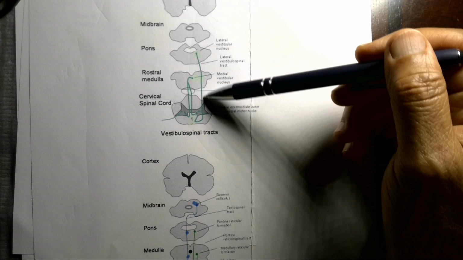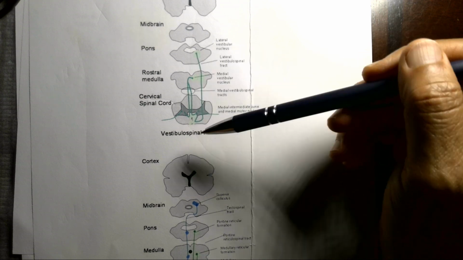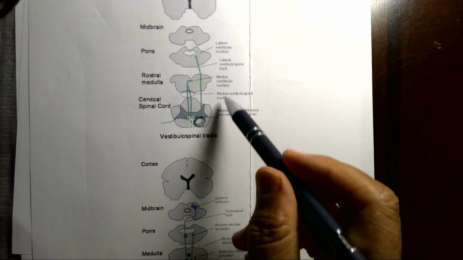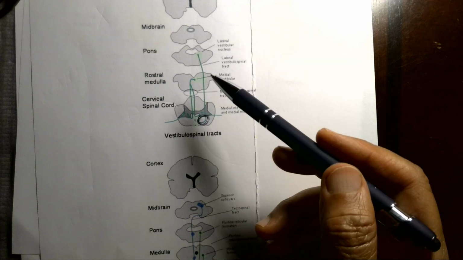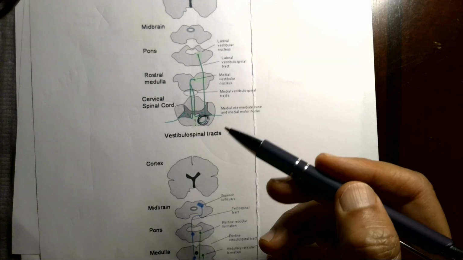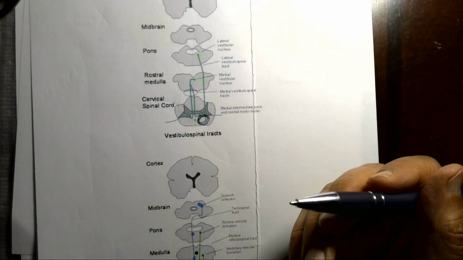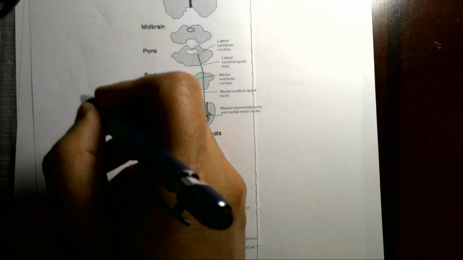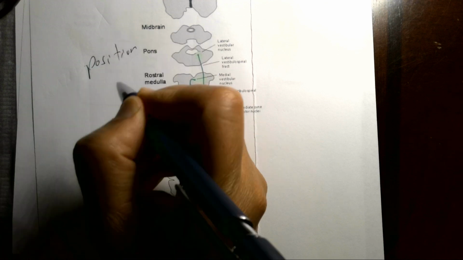Usually it descends on the same side, and goes, as you see, in the anterior column. Its function is controlling the movement of the axial muscles and also muscles related to position, anti-gravity, like for the upper extremity, the flexors, for the leg, extensors. So this is for position, and axial muscles.